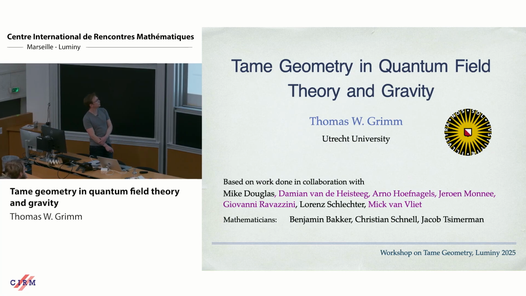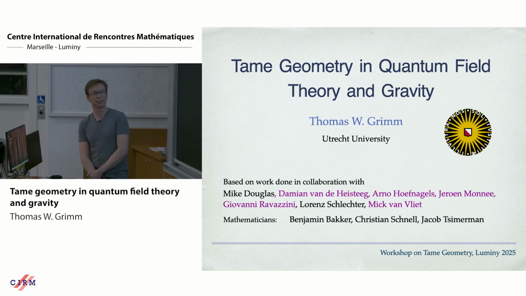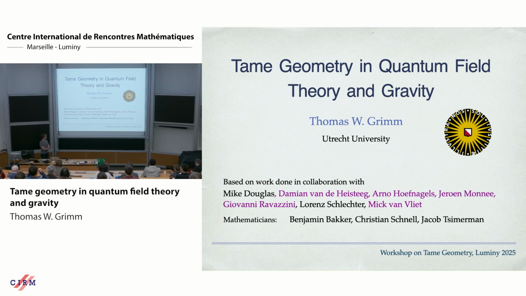Arno is a current PhD student, Jeroen also left Utrecht, and Mick is also my current PhD student. I should give them a lot of credit for what you are going to see in the next few minutes. I will also present some work done in collaboration with these three mathematicians. I will just mention it in passing so that you can see that there are some useful applications coming out of this way of thinking about tame geometry.